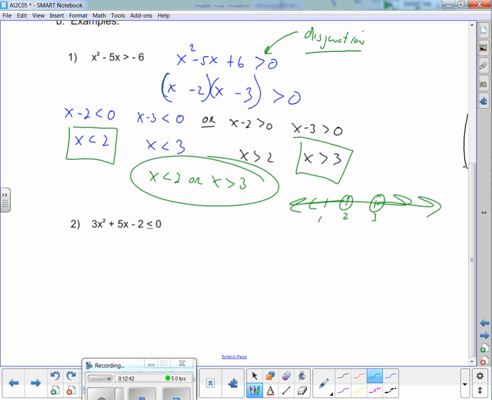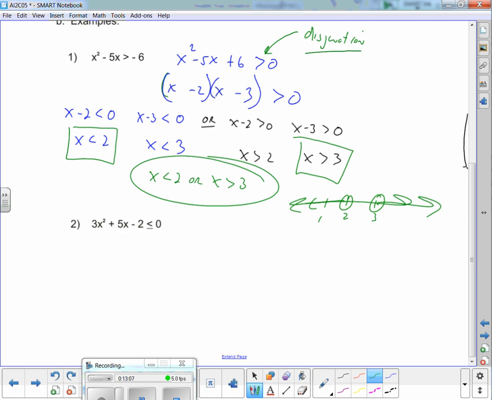Do you agree 0 is less than 2? Put 0 in: 0 is greater than -6. True, that one worked. Let's put in a bigger value. We're already high, so let's go 5. 5 squared is 25, -5 times 5 is -25. You get 0. Is 0 greater than -6? Yes, and every other value.